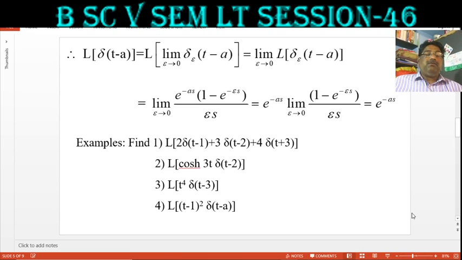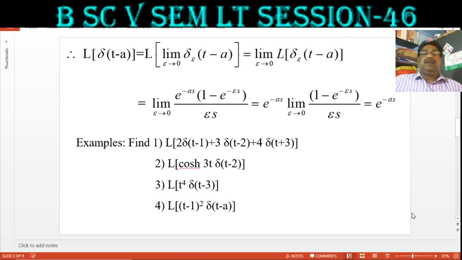Now, for this we can apply the limit, because for the Laplace transform of delta of t minus a we need to take the limit of delta epsilon of t minus a. That is why in this step we have taken a limit.